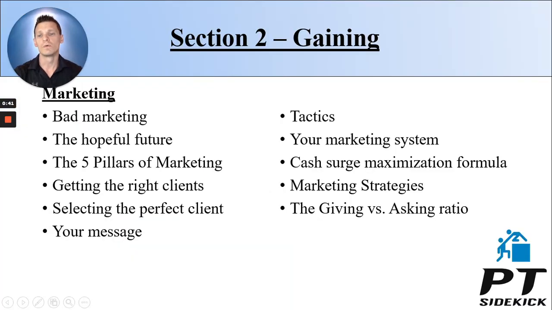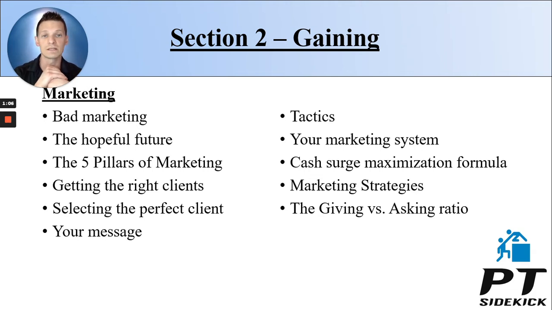First thing is we're going to talk a little bit about the bad marketing, what to avoid. Now, there's a bit of context to be said with this as well, so I'll explain that when we get into it. Next is going to be the hopeful future, how to make it, what is it, and what's the purpose. The 5 pillars of marketing, just to make things super simple so that you have a system of your marketing.